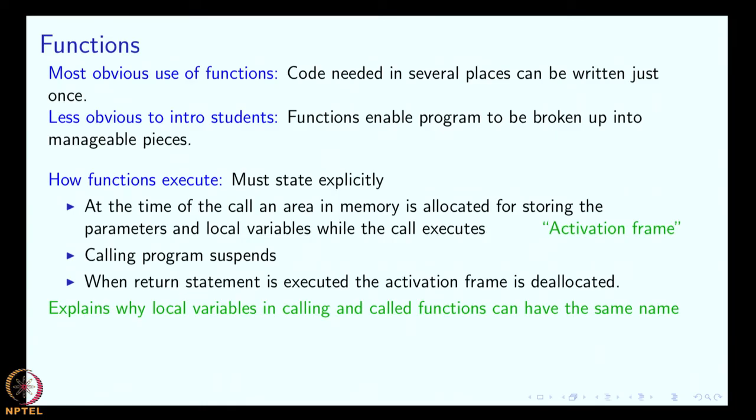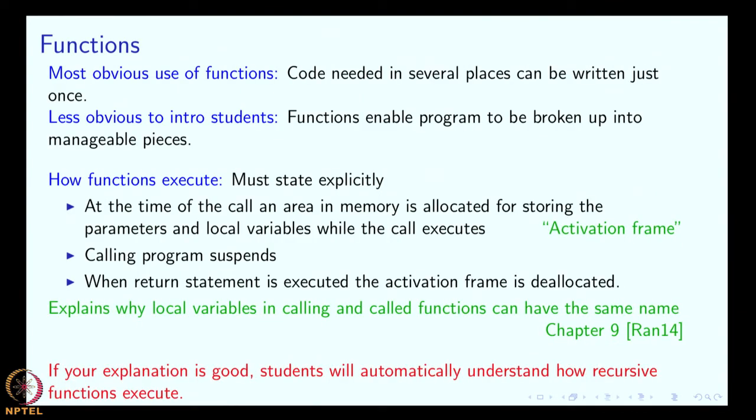The notion of copying and pass by reference also get understood very nicely. This is discussed in chapter 9, and a byproduct is that if your explanation is good, students will automatically understand how recursive functions execute.